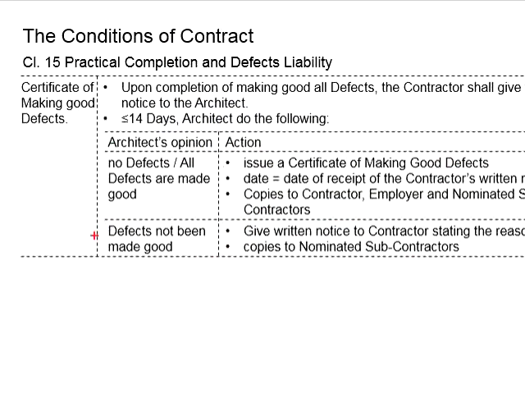However, if the defect has not been made good, the architect will need to send a notice to the contractor stating the reason why the certificate of making good defects is not issued, and this notice should also be sent to the nominated subcontractor. Since the defect has not been made good, it is not necessary to notify the employer until the defect has been made good.